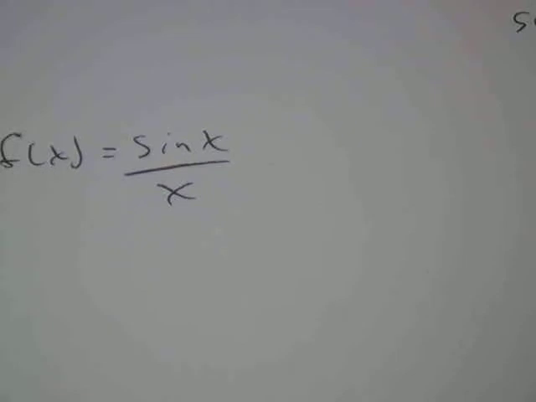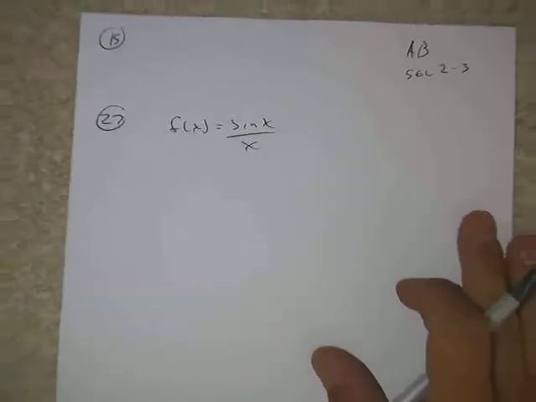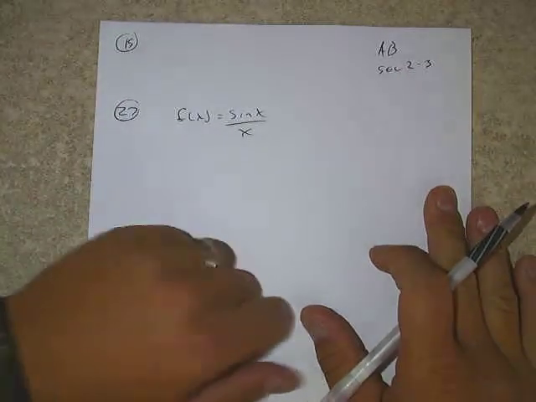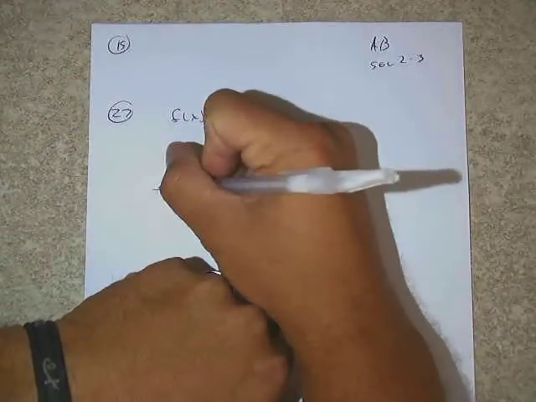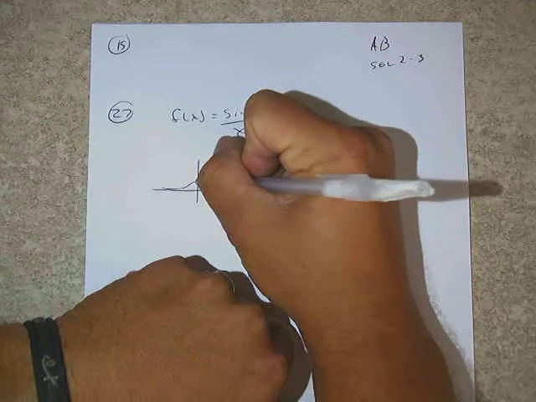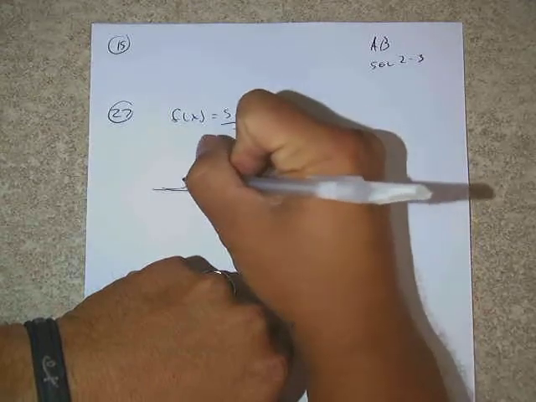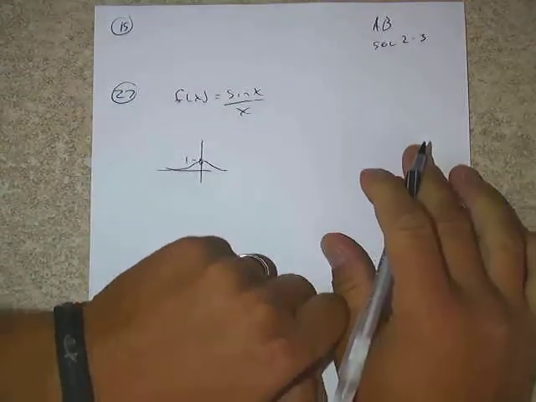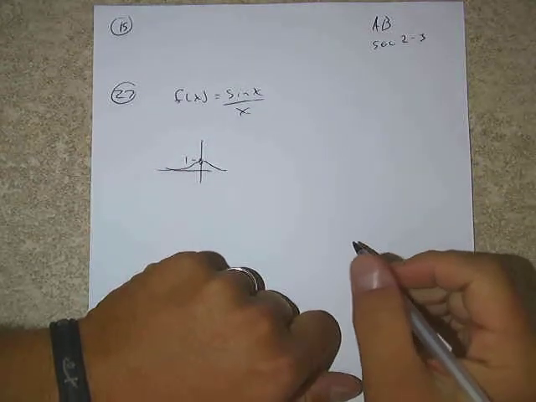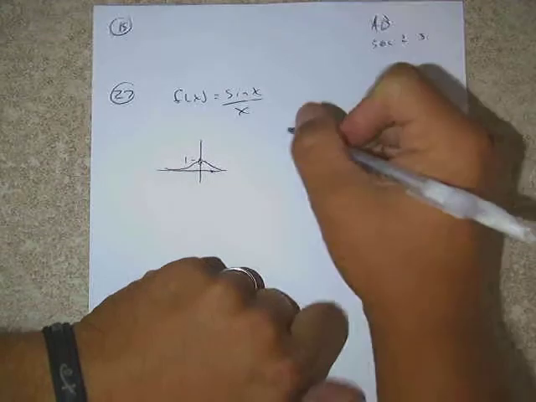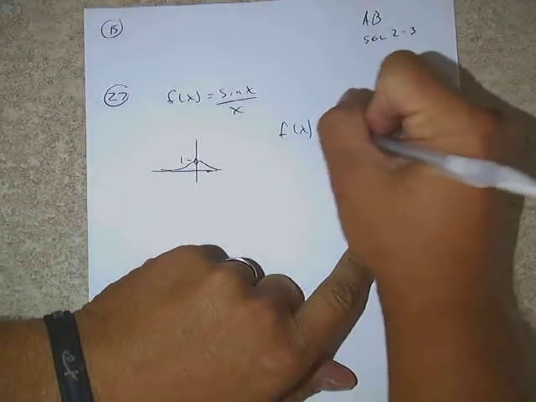If we investigate that function, which we've already investigated, we hopefully remember that it has a hole at 0. The hole was at what y value? It was 1. We said the limit of this as x approaches 0 is 1, always, for the special function sine x over x.